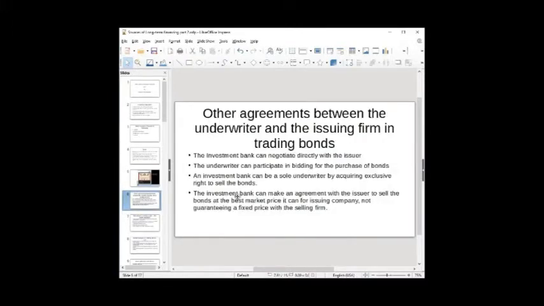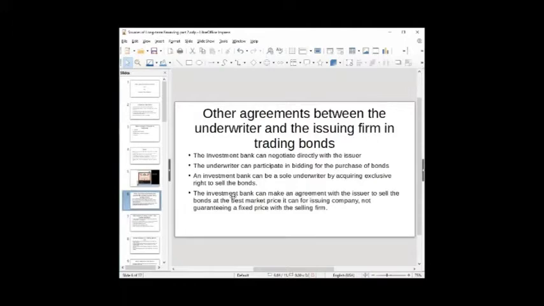So there are other agreements. What is this underwriter? The underwriter is just the trustee, the one mediating between the bondholders and the issuing company. The other agreements between the underwriter and the issuing firm in trading bonds are the following. One, the investment bank can negotiate directly with the issuer.